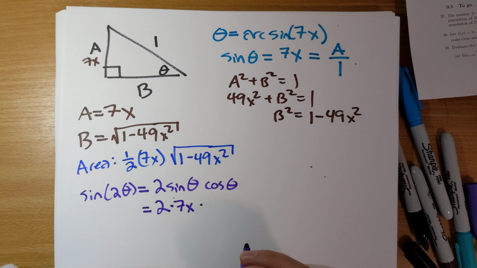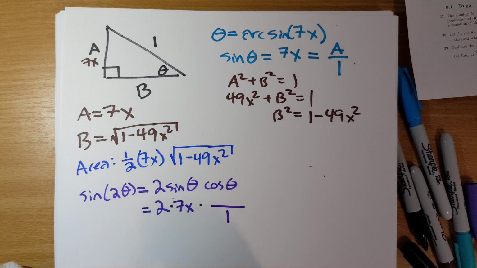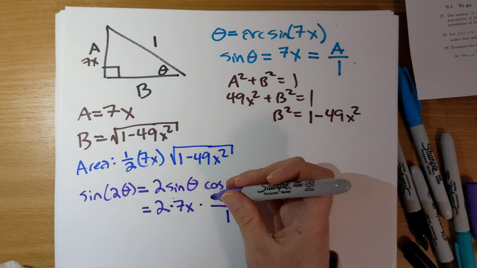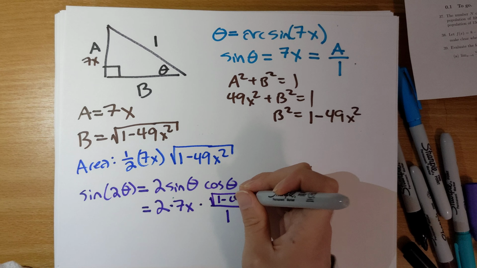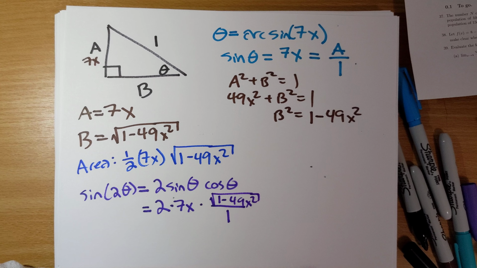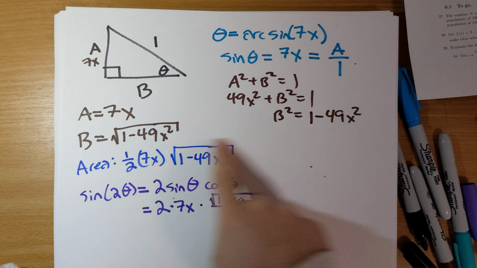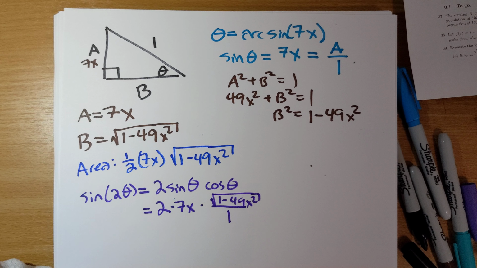Cosine theta is going to be b divided by 1, and b here we already figured out was the square root of 1 minus 49x squared. So this is our formula for sine of 2 theta. It's helpful to know this trig identity, and being able to manipulate these triangles is a very important skill in calculus.